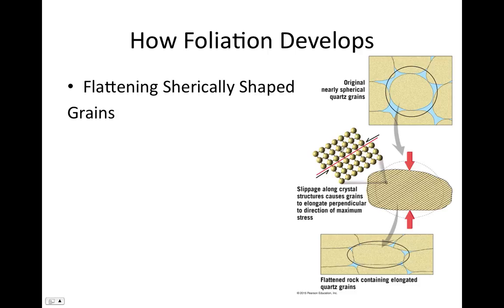They break and slip and reform with the next adjacent atom, and this occurs many times, allowing the crystal to change shape. And then you have the development of these flattened or elongated grains forming foliation.